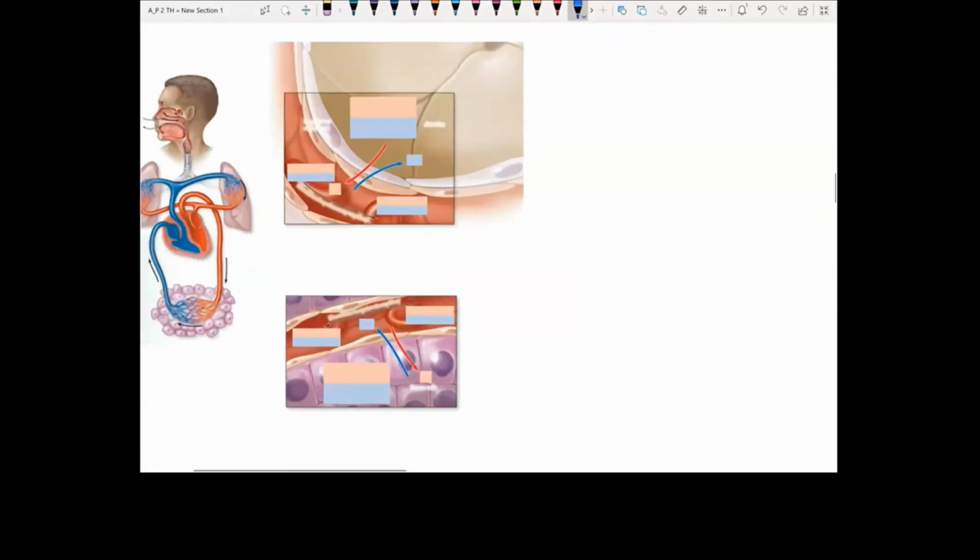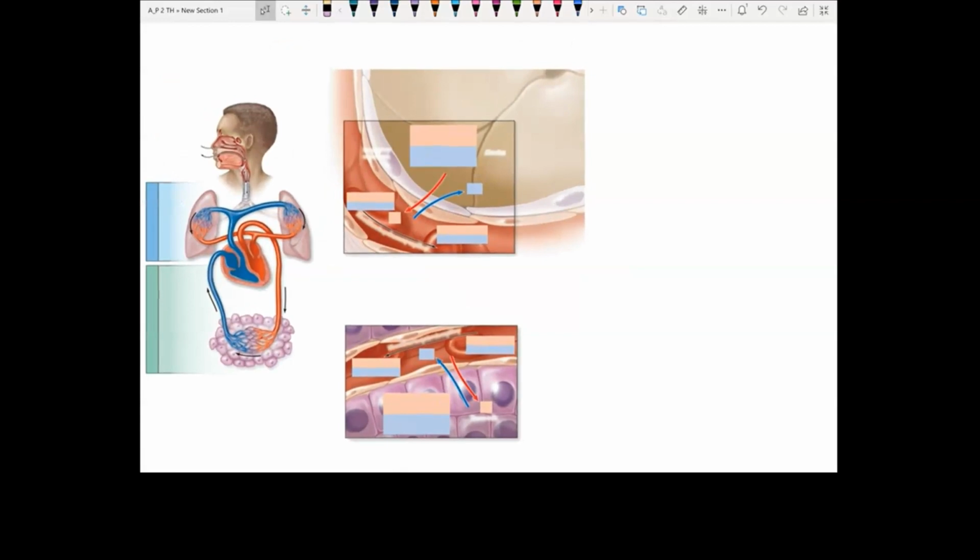Now let's see what goes on with the gas exchange. So in this picture, this part is the air. And this is the blood. Okay, so we know that oxygen is 104, and we know that carbon dioxide is 40. Now notice the direction of blood flow. Here's our arrow.